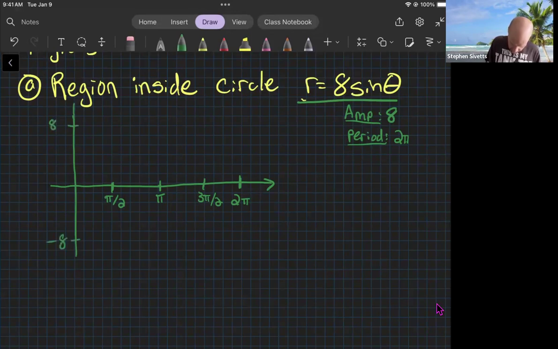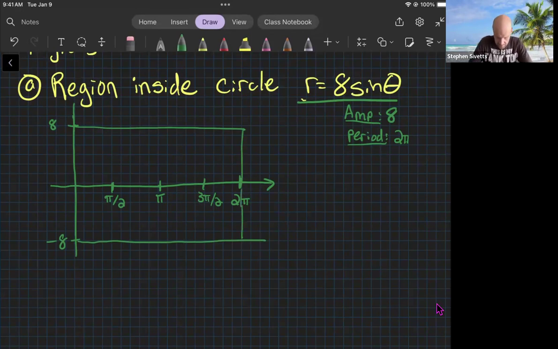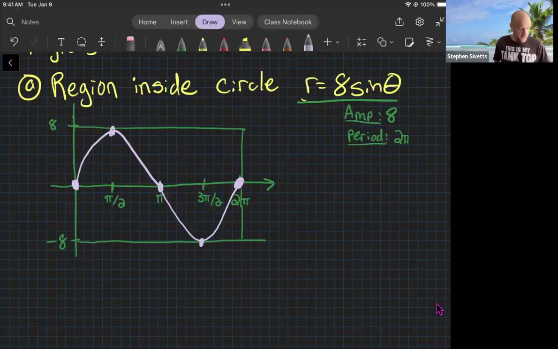Amplitude is 8. And this is your usual sine graph, right? Just like that, right?